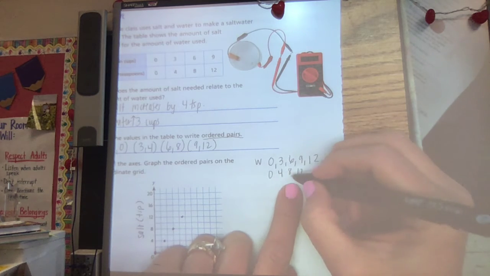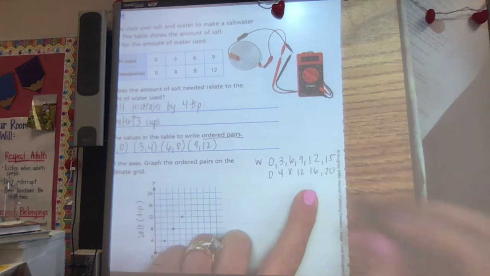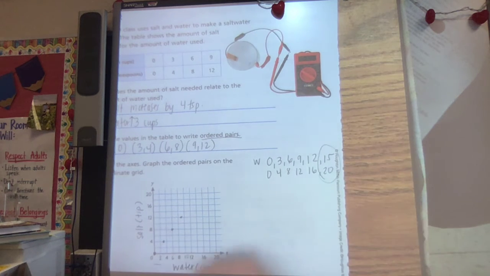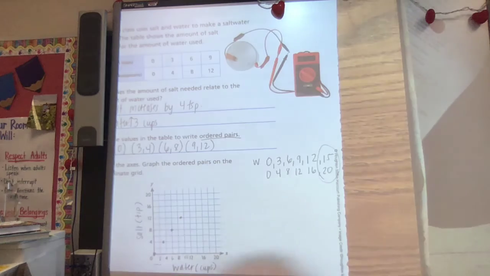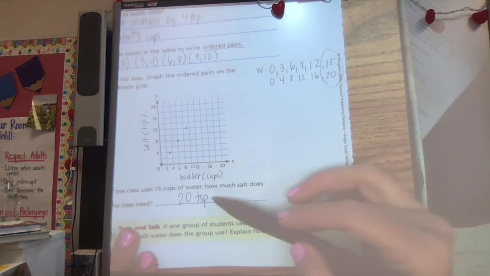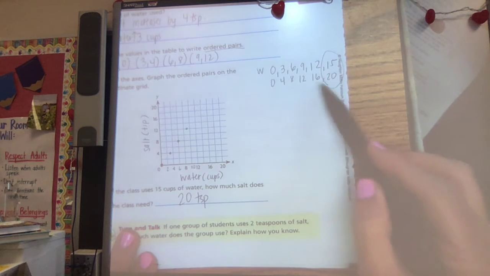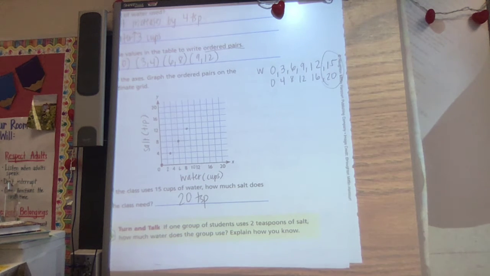Let's keep that pattern: 4, 8, 12, 16, 20. So I know it's going to be 20 teaspoons because I followed my pattern. It asked about 15 cups, so I continued the pattern for both numbers.